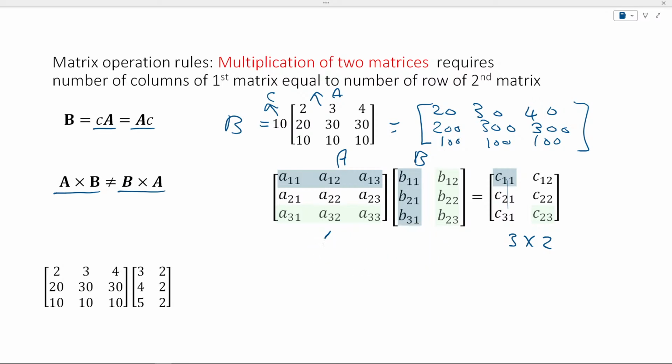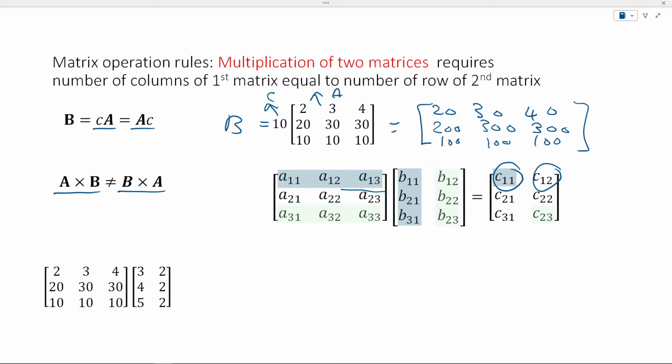But how do I do this multiplication? To do this multiplication, you multiply this with this, and that will give you, for example, this entry. You multiply this with this, and that will give you this entry here.